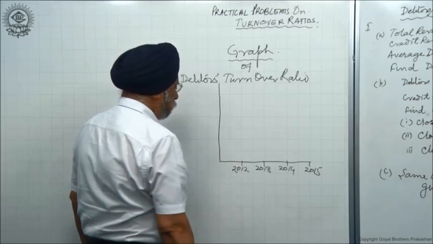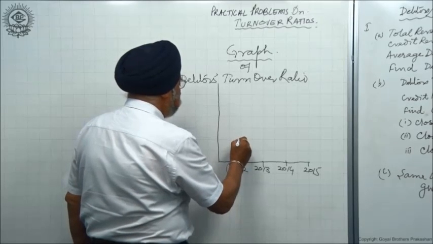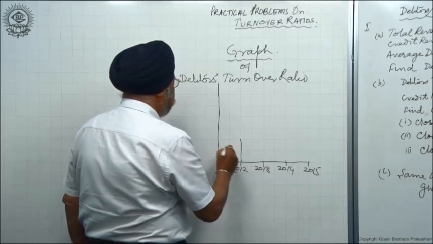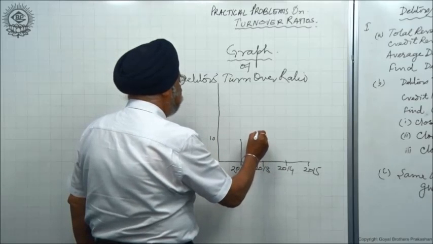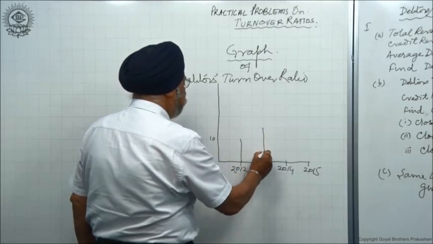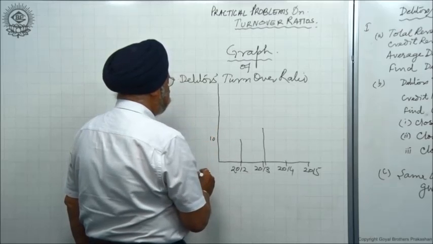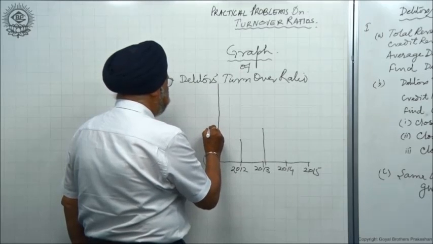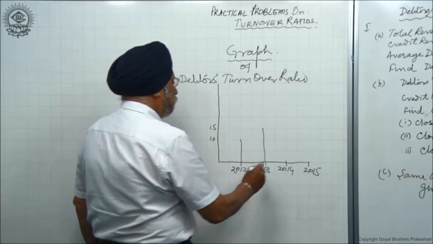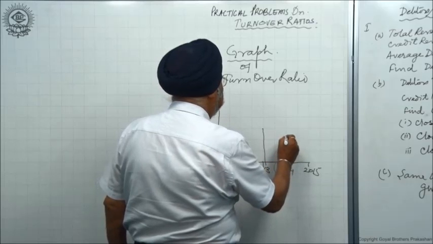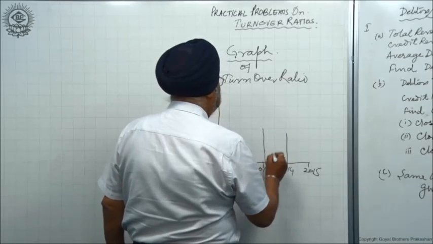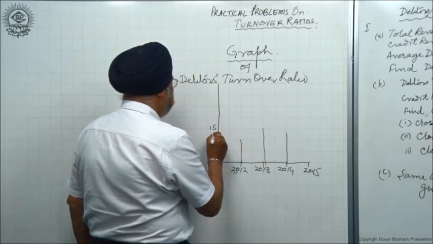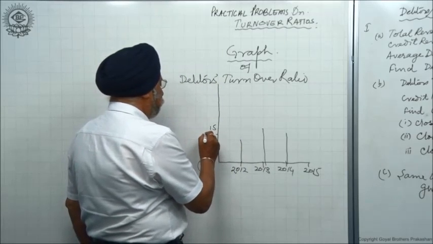In the year 2012, it was this much, indicating that it was 10. In 13, it went up to 15. Then in 14, it came down to 12.5.